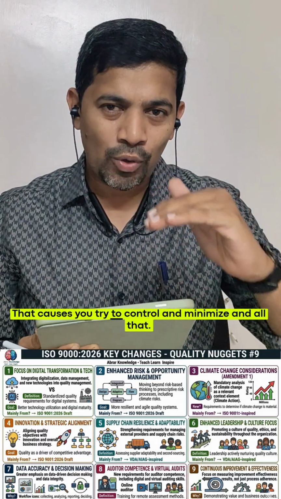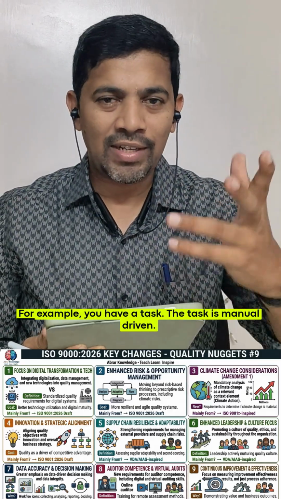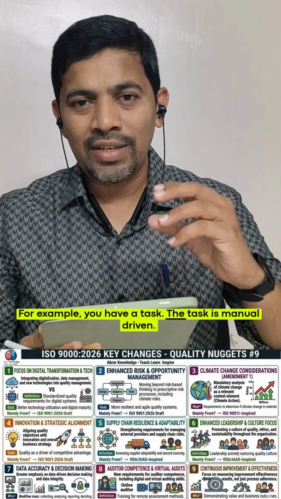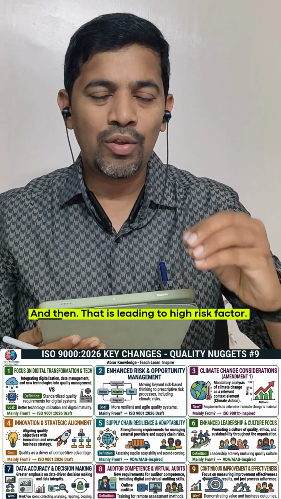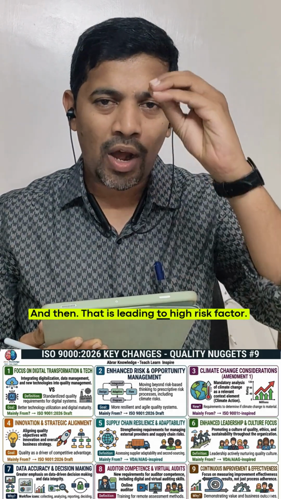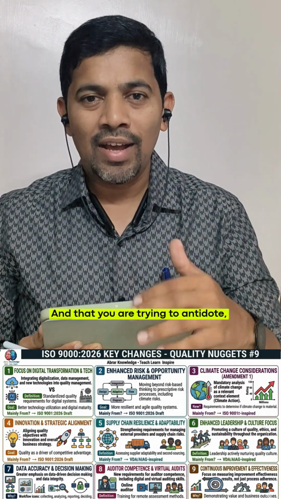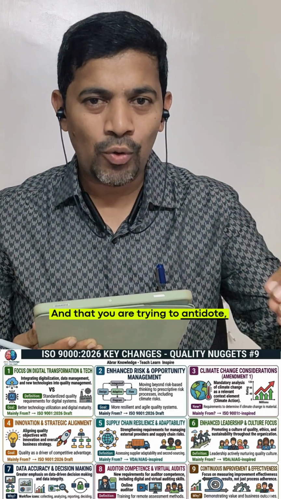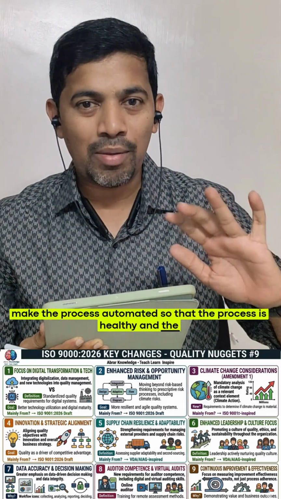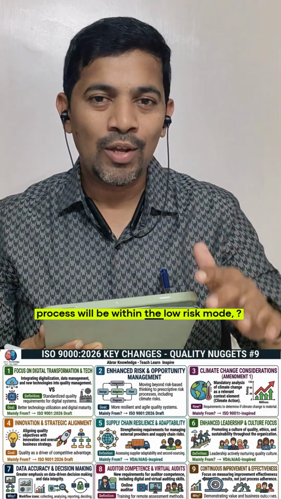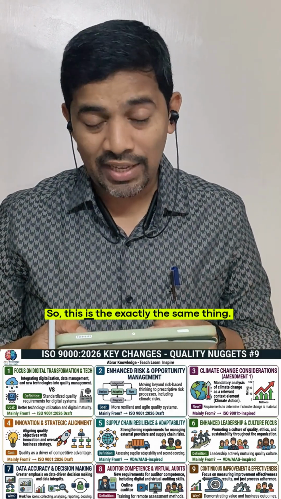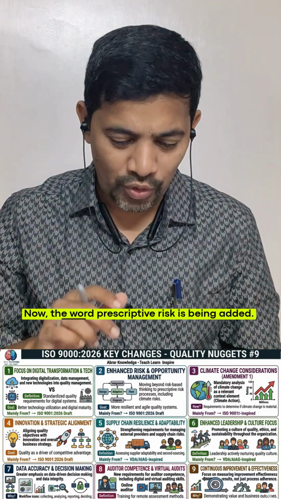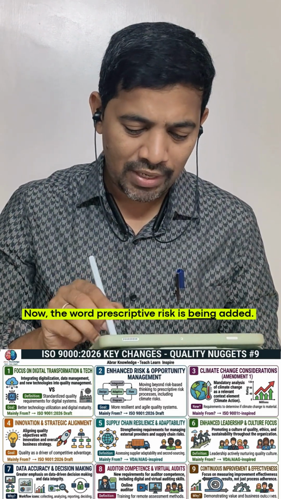Those causes you try to control and minimize. For example, you have a task that is manual driven and leads to a high risk factor, and you make the process automated so that the process is healthy and within low risk mode, right? So this is exactly the same thing. Now the word prescriptive risk is being added.